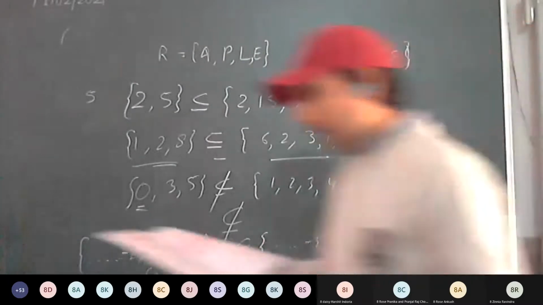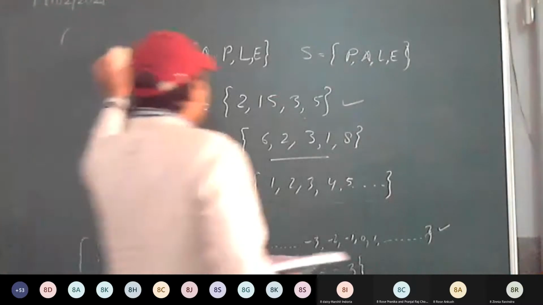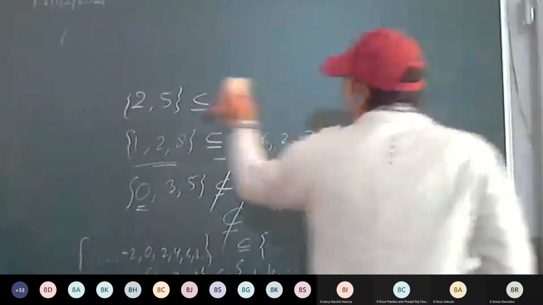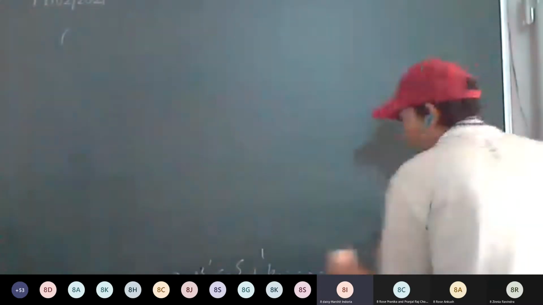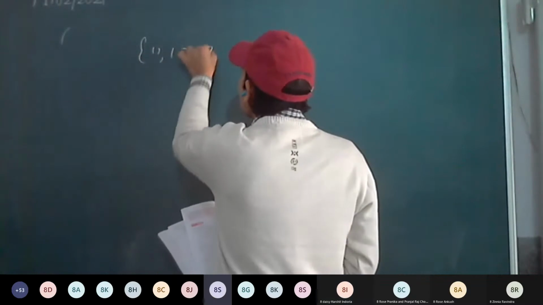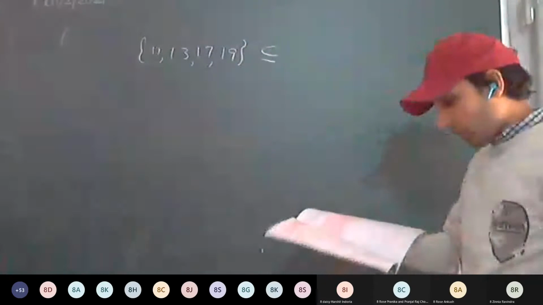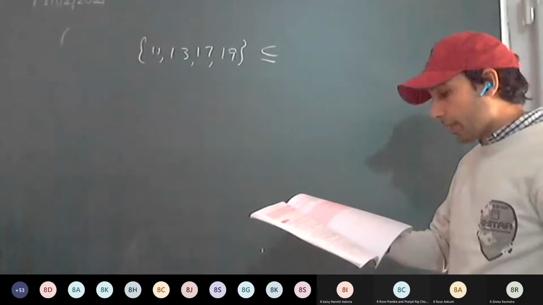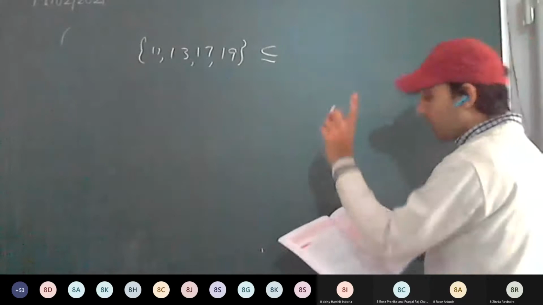Last one. X such that x is a prime number between 10 and 20. Find the prime numbers between 10 and 20: 11, 13, 17, and 19. Whether it's a subset of x is an odd number, one condition.